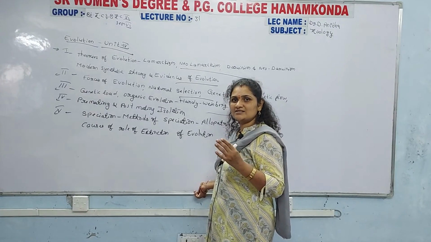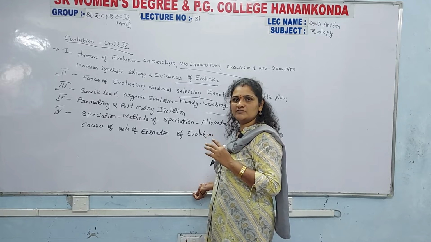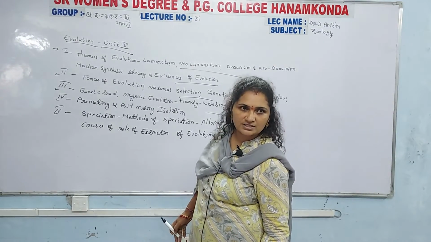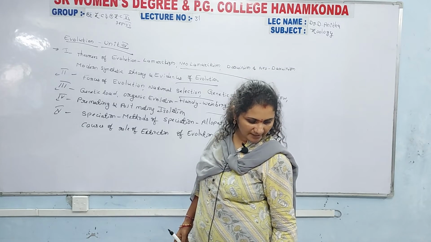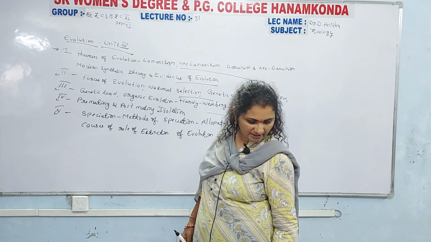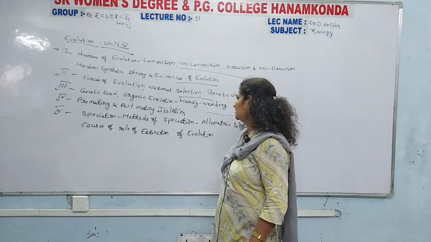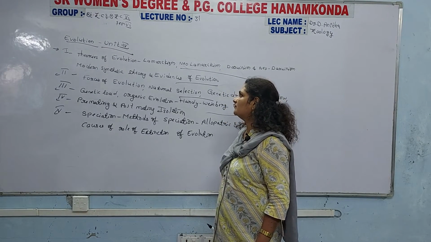Sometimes they ask it for essay and also for short answer. The last chapter is speciation and the types of speciation, and they ask to write these questions for the essay also.